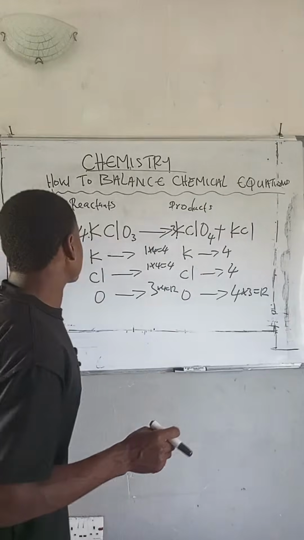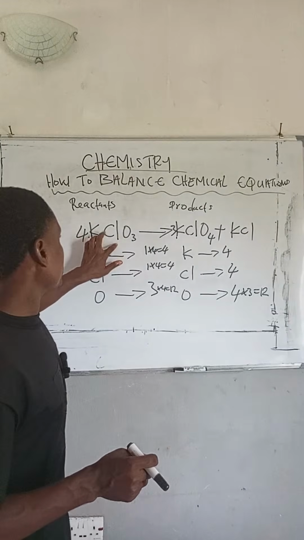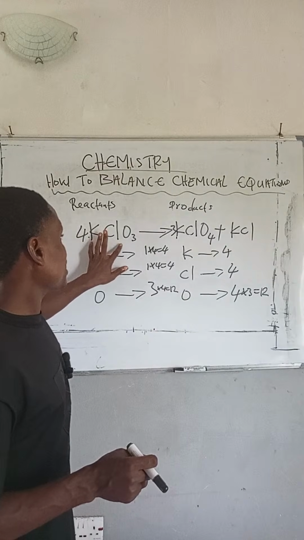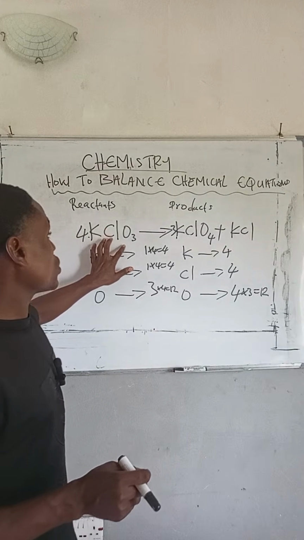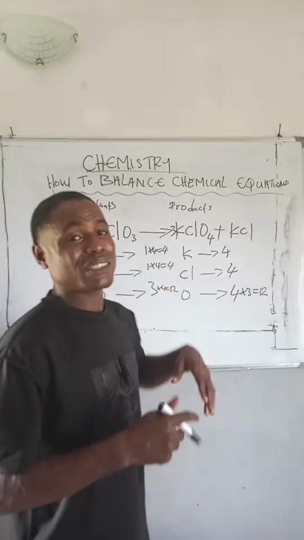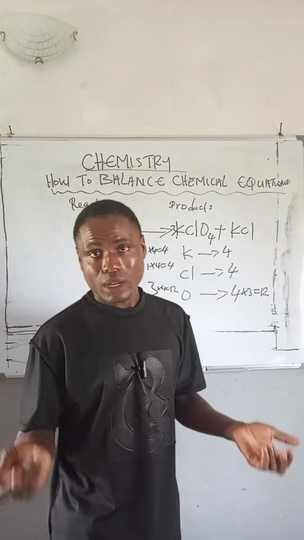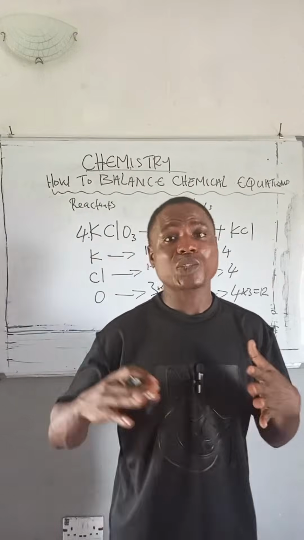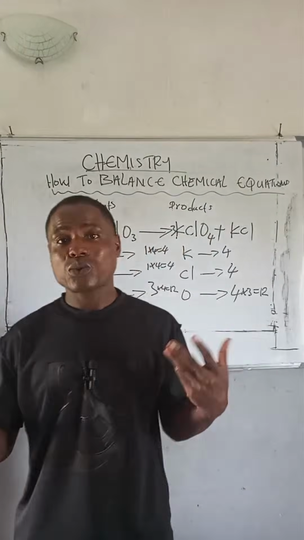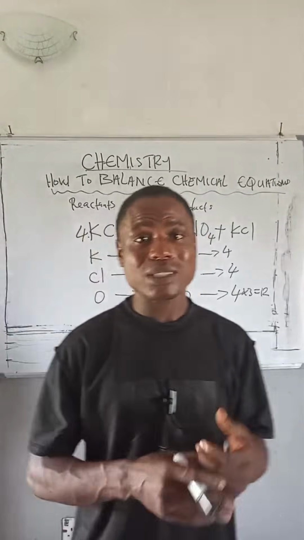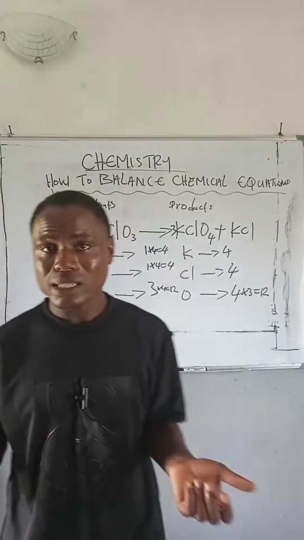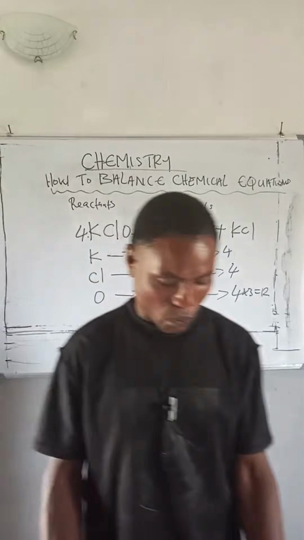For the reactant you can introduce 5, while for the product you can even introduce 8. So it's not compulsory you must start with 2 or 3 or 4. Some equations you can even start with 8, depending on the given atoms.